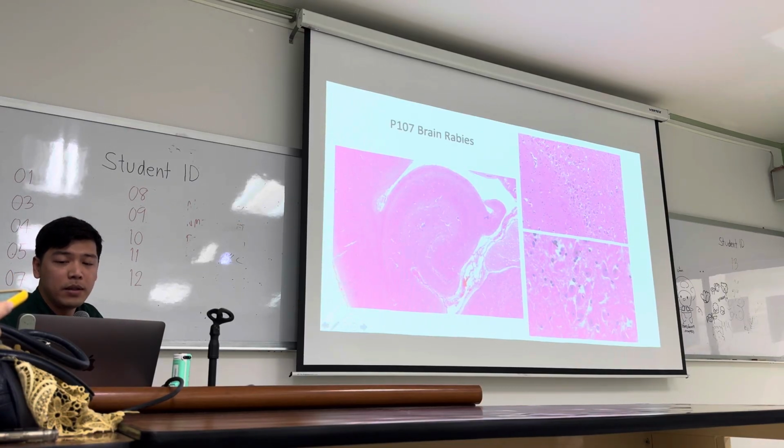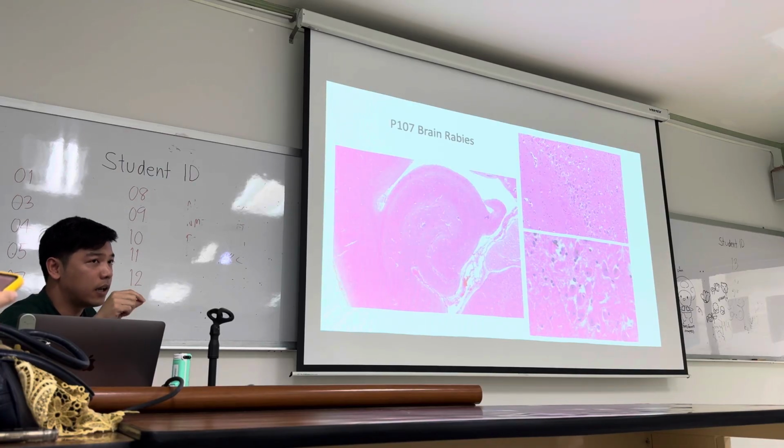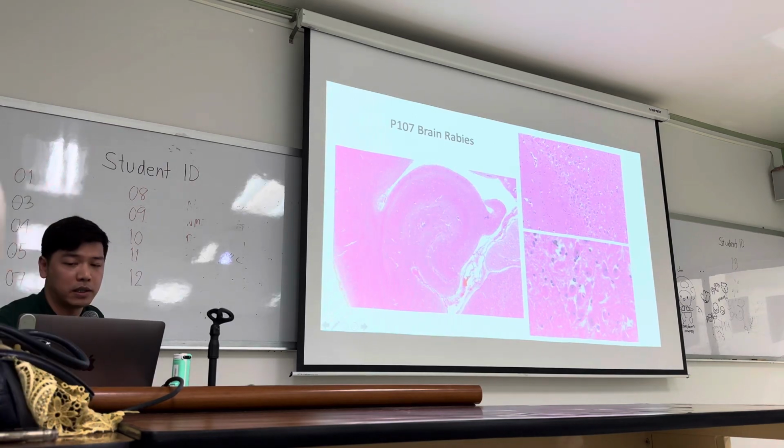This is an inclusion of protein conjugated with nucleic acids, such as ribosomes, produced by the rabies virus. You can see the pink color of the neurons, especially in the hippocampus.